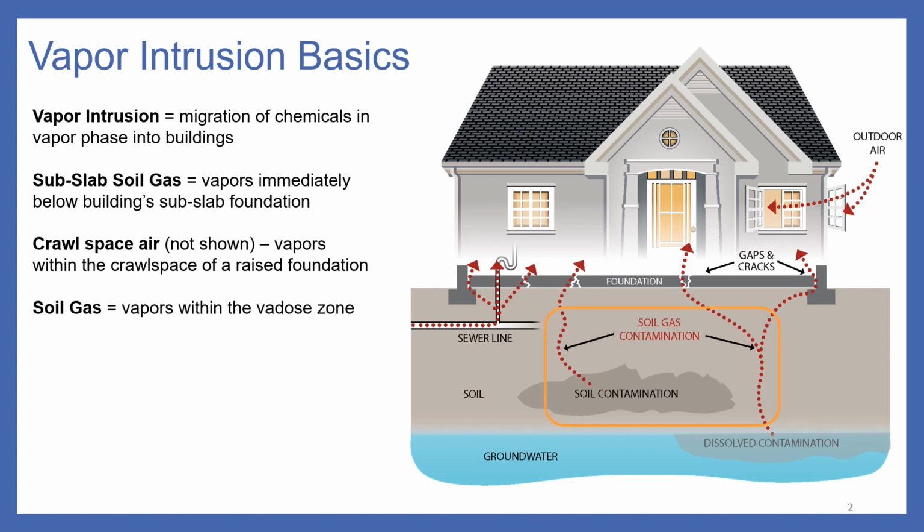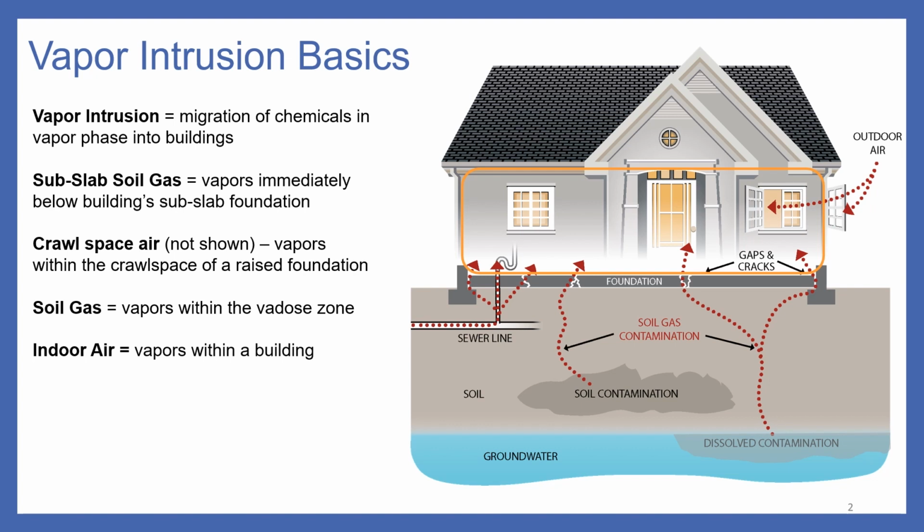Soil gas, or soil vapor, is the vapors found within a vadose zone due to off-gassing of source areas or contaminated groundwater. Indoor air is the vapors within a building that is subject to air exchange with outdoor air and potentially subsurface air.